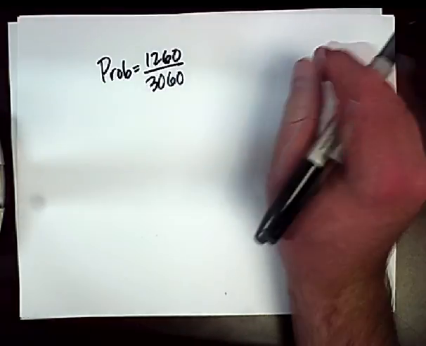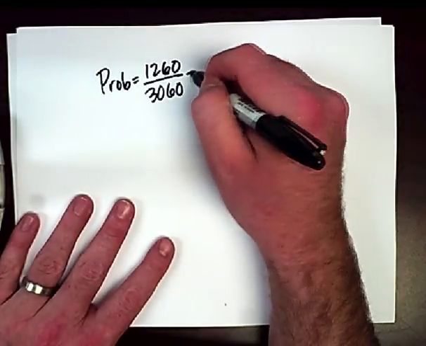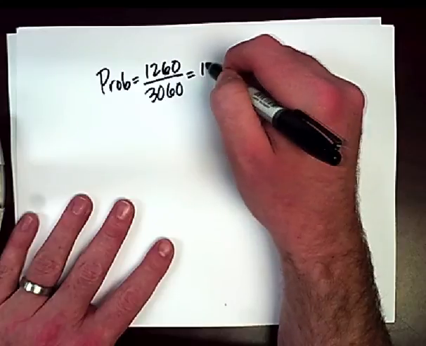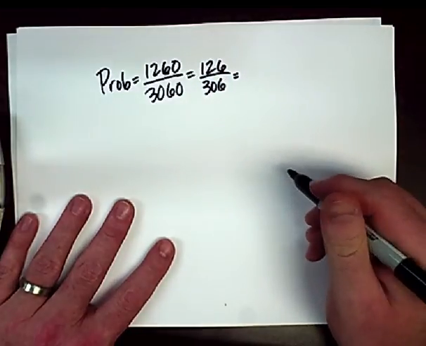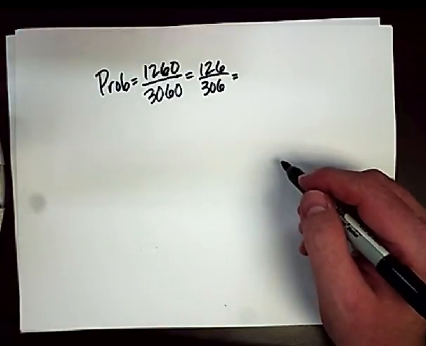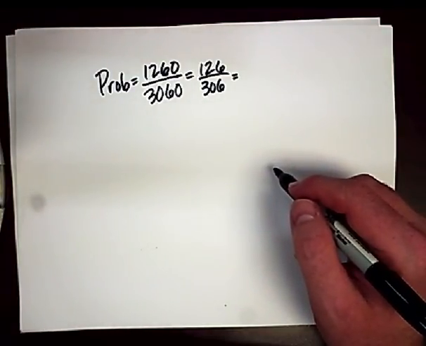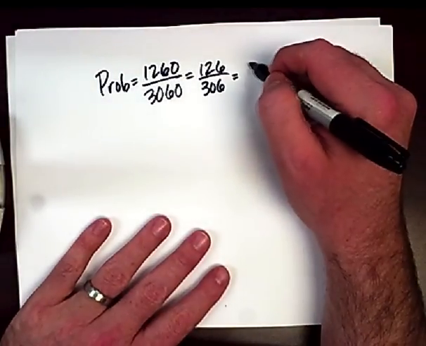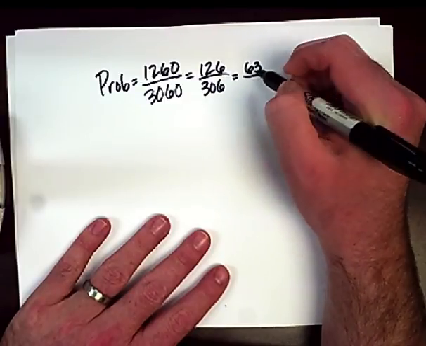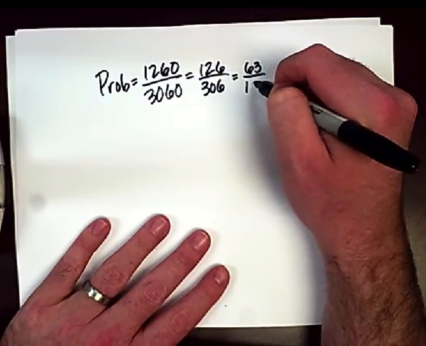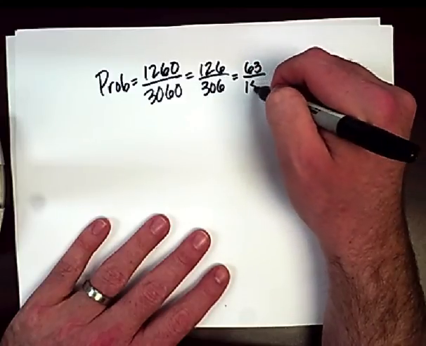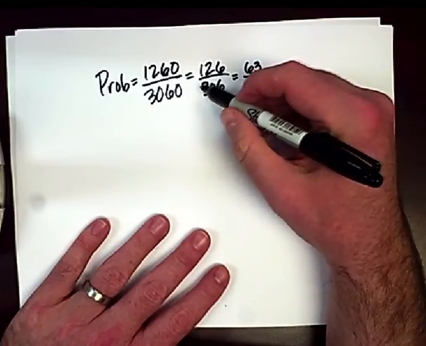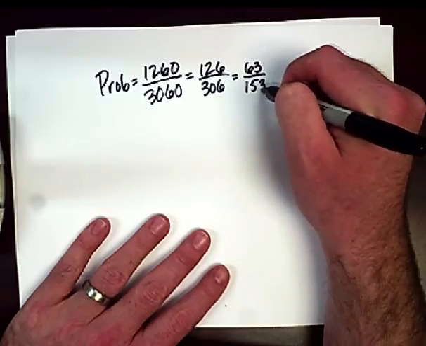Now that's a fraction that's manageable, then you can reduce. You can divide them both by 10, you get 126 over 306. You could divide both of those by 2, and you would get 63 over 153.